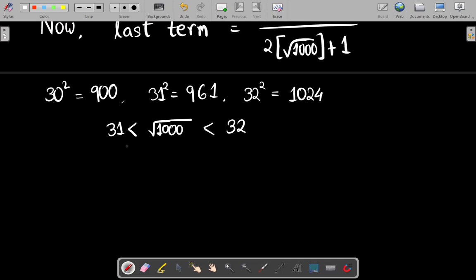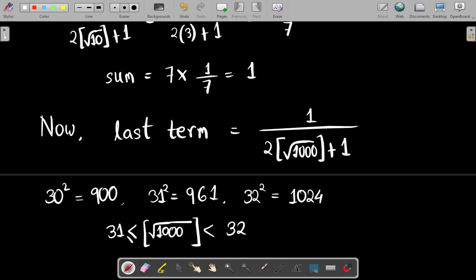But if you take the greatest integer value of this, it is equal to 31. It is more than 961, but the greatest integer value will be equal to 31 here. So the last term will be 1 upon 2 times 31 plus 1.